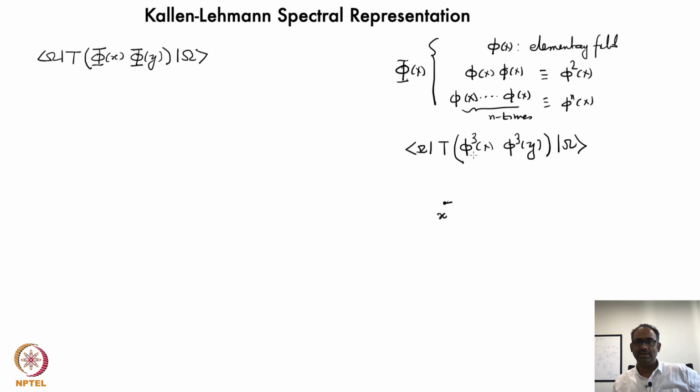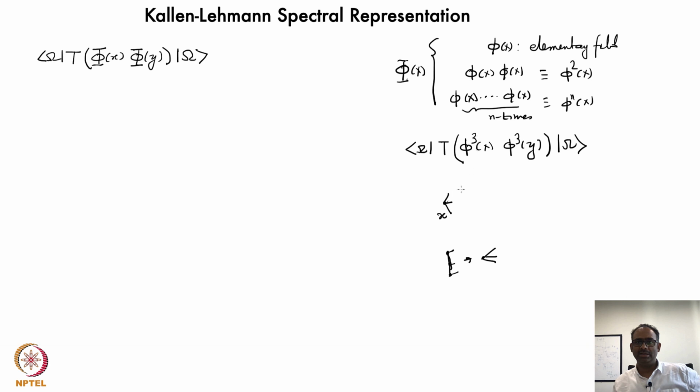But here, because I have three fields at the same point, instead of one tick coming out, I should have 3 ticks coming out. Or you can think of it as x1, x2 and x3, 3 points each with one tick, and then in the limit that x1, x2 and x3 go to x, they all merge into one. So this gives you basically this. This is what I am drawing here.